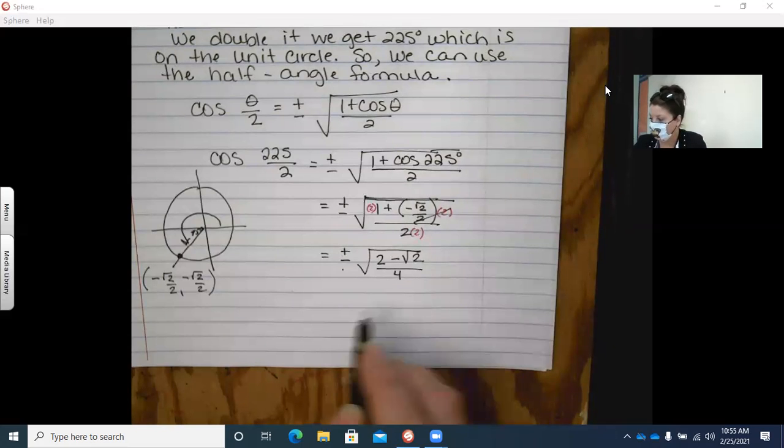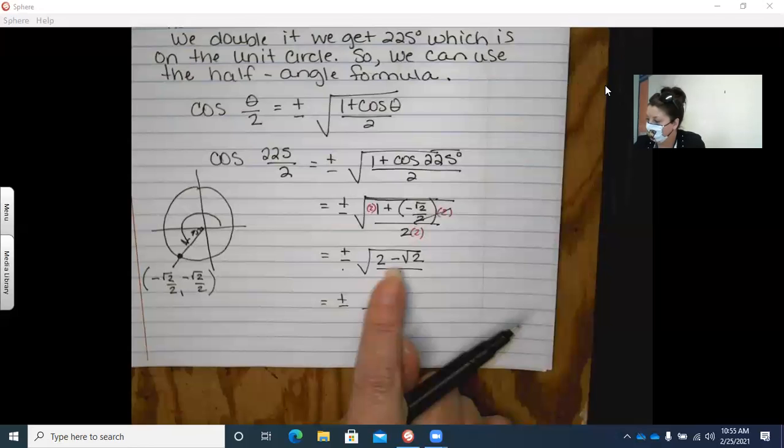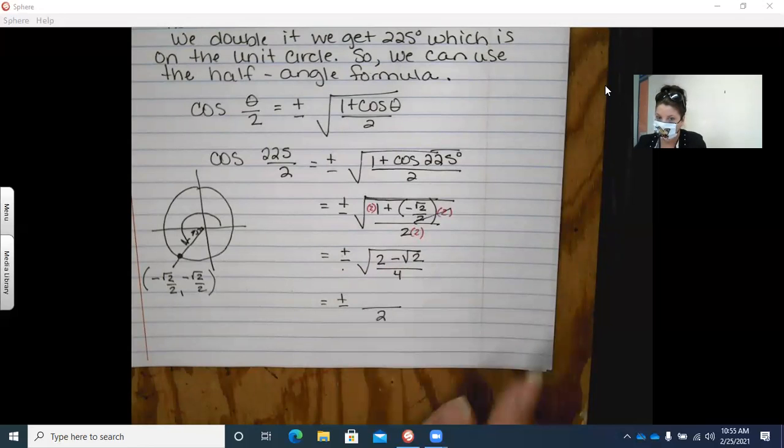But my numerator, I can't take the square root of 2 or the square root of the square root of 2 without getting a decimal. So my numerator is the square root of 2 minus the square root of 2. But make sure that 2 in the denominator is not under the radical, because we already took the square root of the denominator, which was 4.